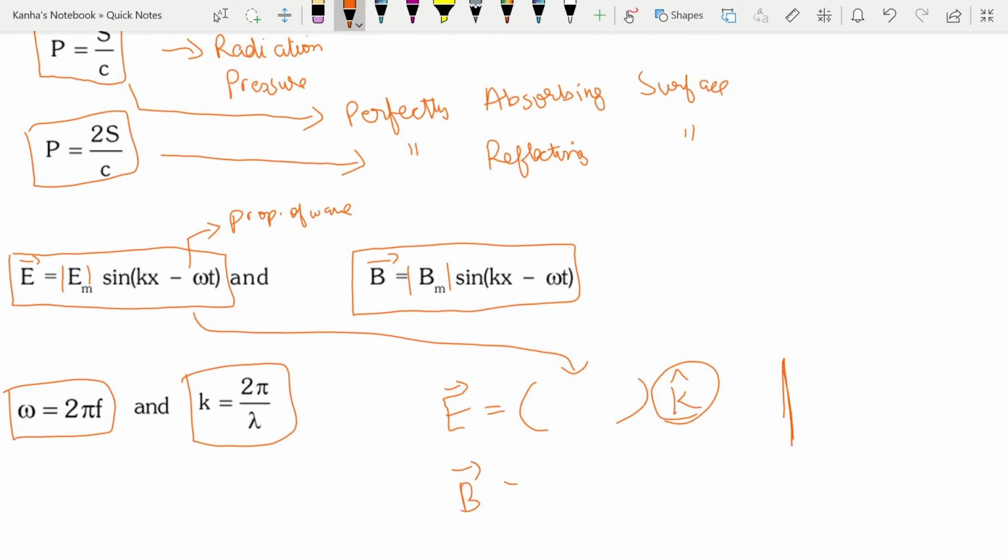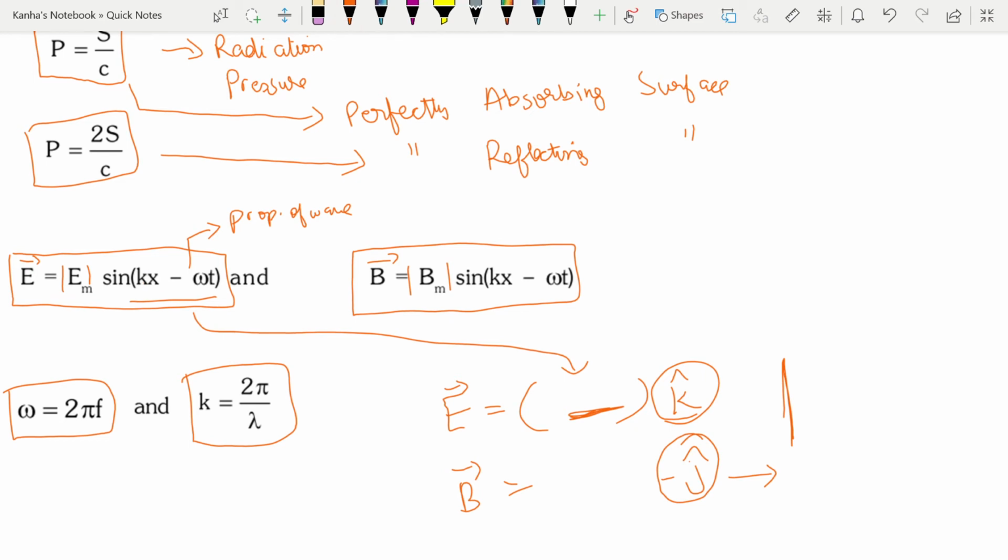Similarly, for the magnetic field also, you will get some direction, either k or minus j or something. So the vectors that are outside denote the oscillations or the vibrations of electrical and magnetic fields separately, and the thing that is inside, kx minus, it is x, so it's propagating along the x direction.